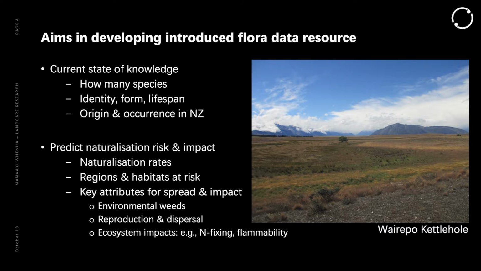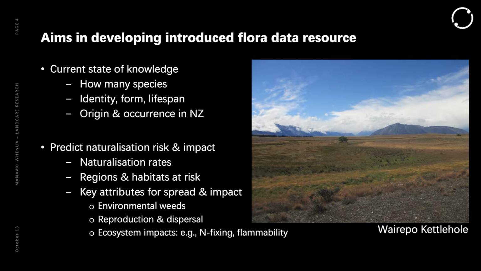As an example, I've put up a photo here of the Kettle Hole wetlands in the Mackenzie Country. The very flood-prone centers of those ephemeral wetlands are actually quite a wonderful refuge against introduced species at the moment, because that flooding regime prevents a lot of introduced grasses from invading.